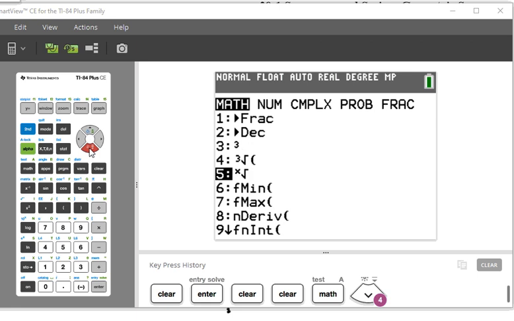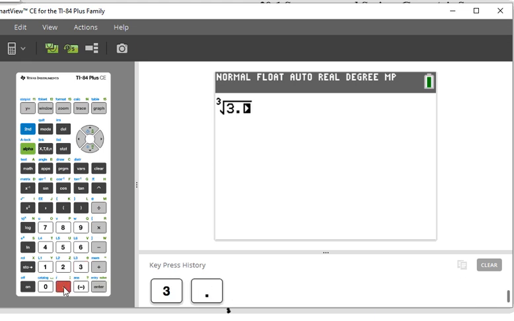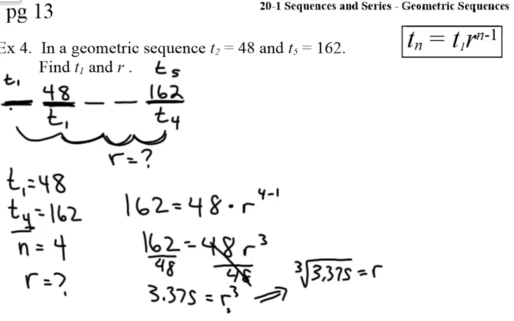So on our graphing calculator, it's the math button. In this case, we want the cube root of 3.375, which equals 1.5, which is really 3/2. So in this case, R is 3/2.